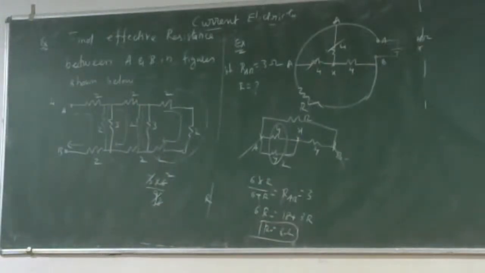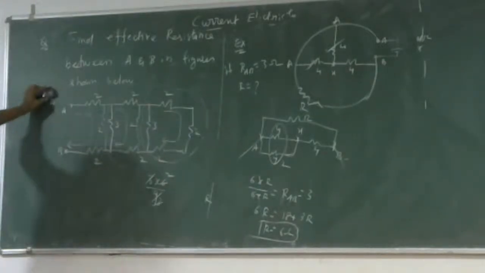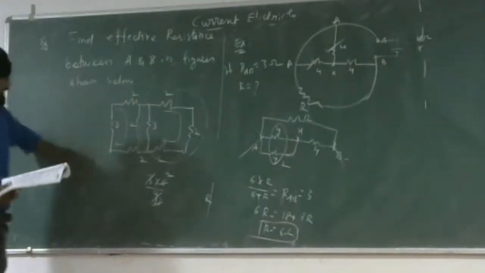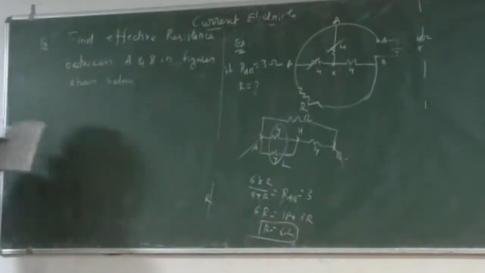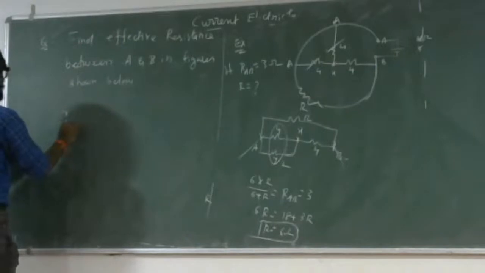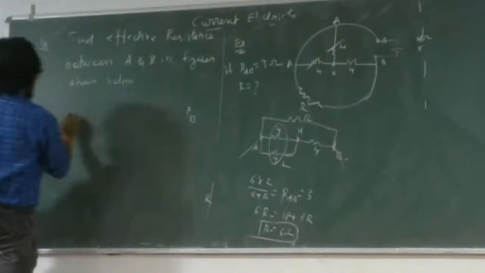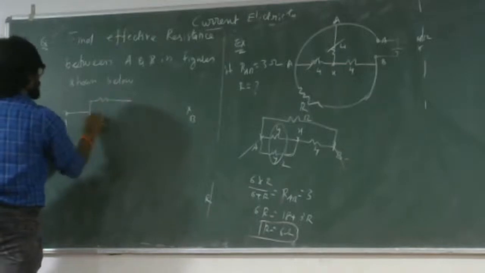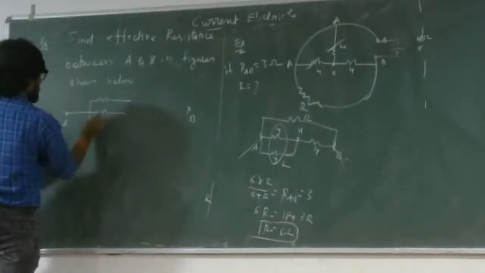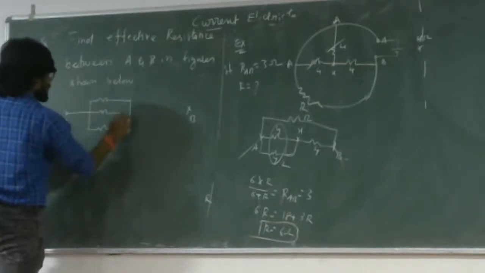Okay? Right. Another simple question is a previous year question, asked in one of the exams. There is point A, there is point B. Here we have 3 resistors connected like this.